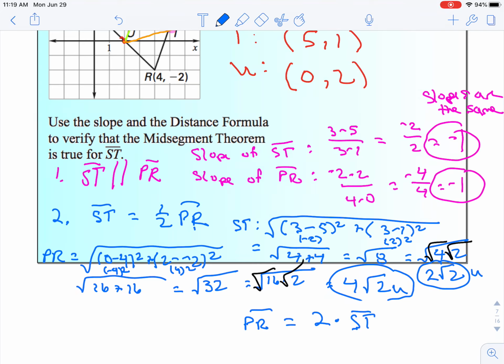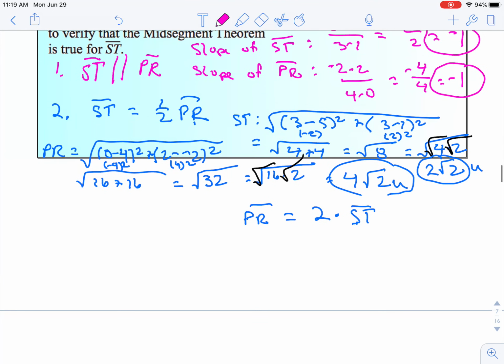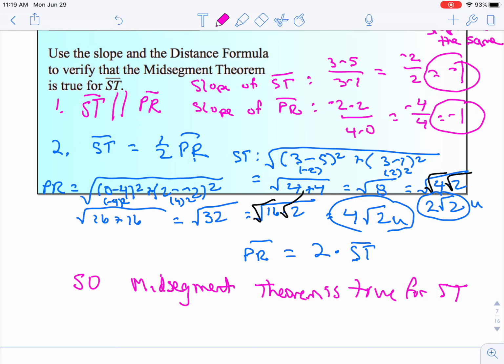Or either way, we could have divided by 2. So we just proved it: since the slopes are the same, and since PR is twice ST, now we know the mid-segment theorem is true for ST. Now, this was just verifying.